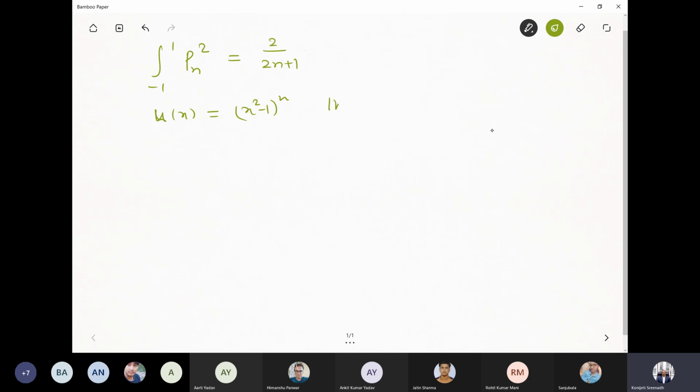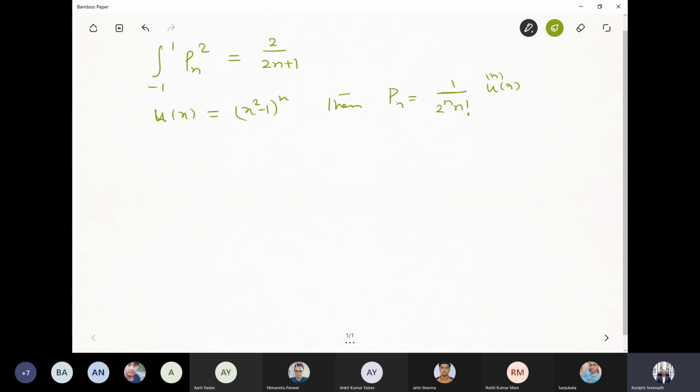Okay, then Pn is going to be 1 by 2 power n factorial n times the nth derivative of u(x). So you see that the way u(x) is taken, that is (x square minus 1) power n.